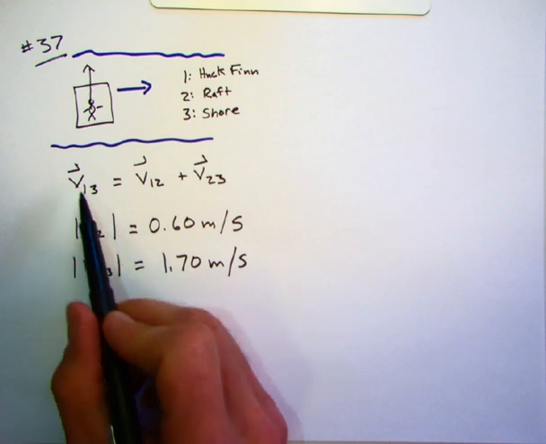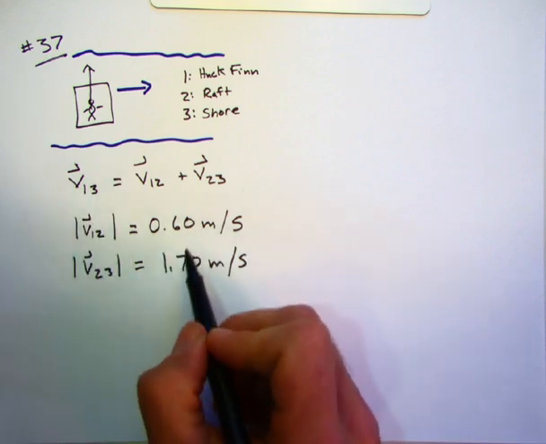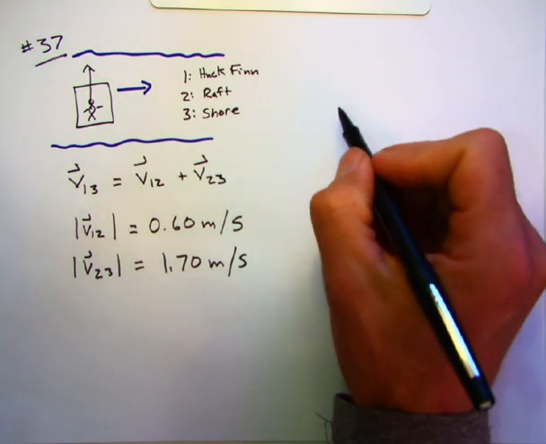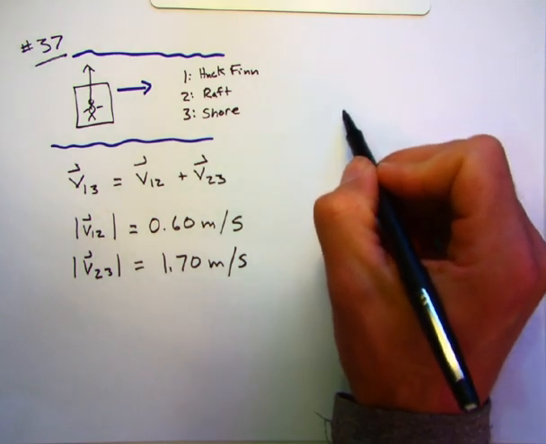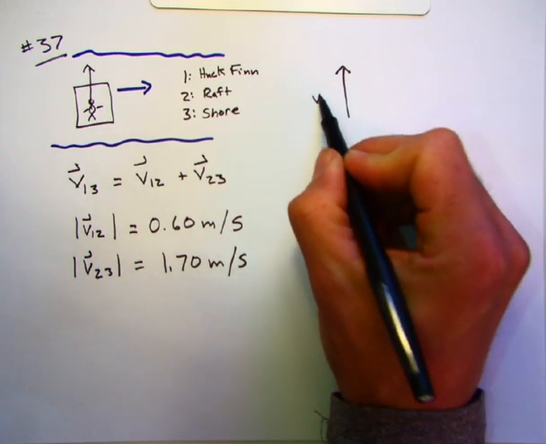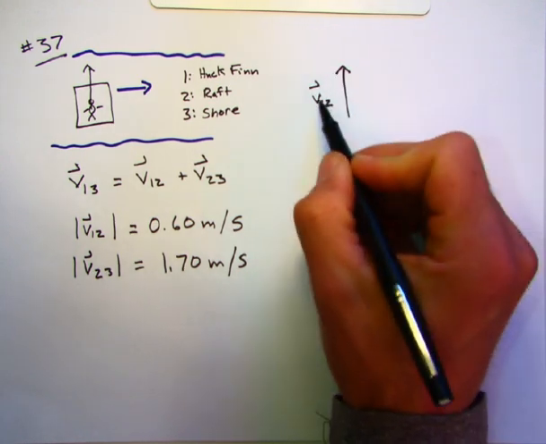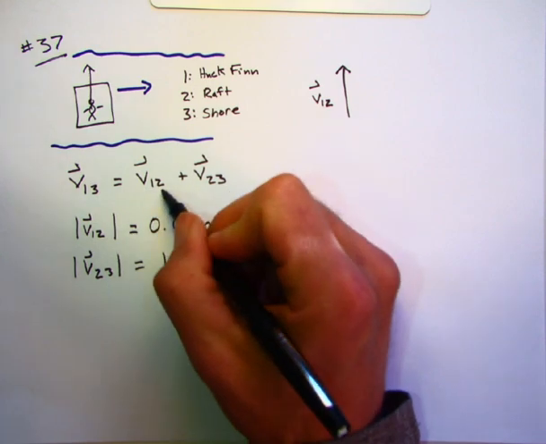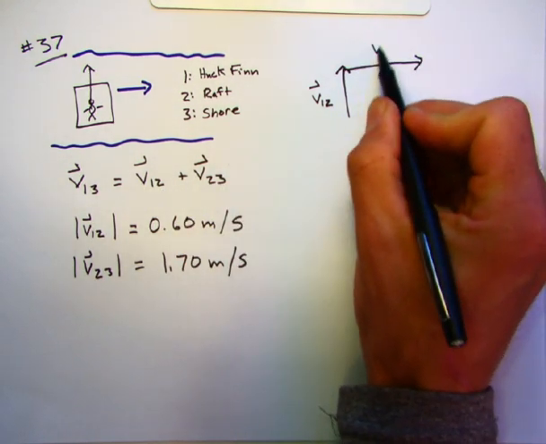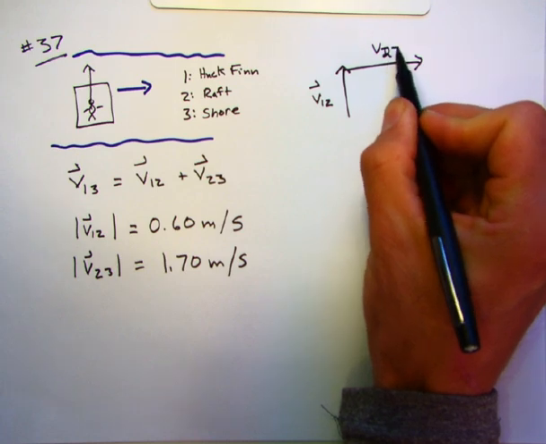So what is v13? Well, I can't just add these up. These are vectors, so I have to draw a vector diagram. Huck is walking perpendicular to the shore, and if I add to that vector v23, remember that when you add vectors you put them head to tail.